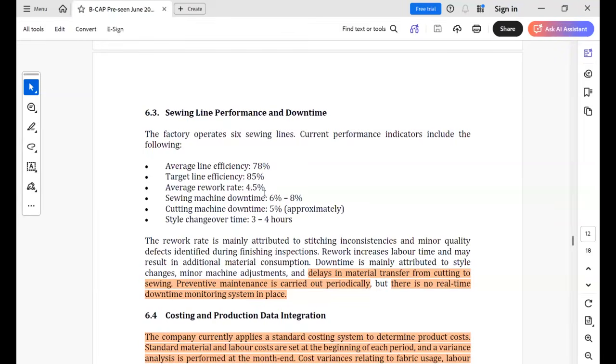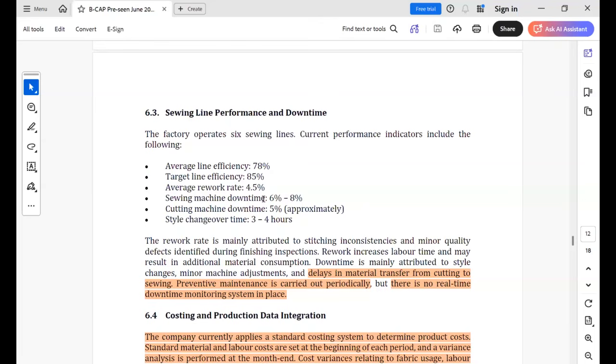Average rework rate. Some styles can go wrong and they have to rework them, right? So average rework 4.5%, but if you can't remember the best rate, you have to say compare with the industry. If you can reduce this rework, it will reduce your cost, right?